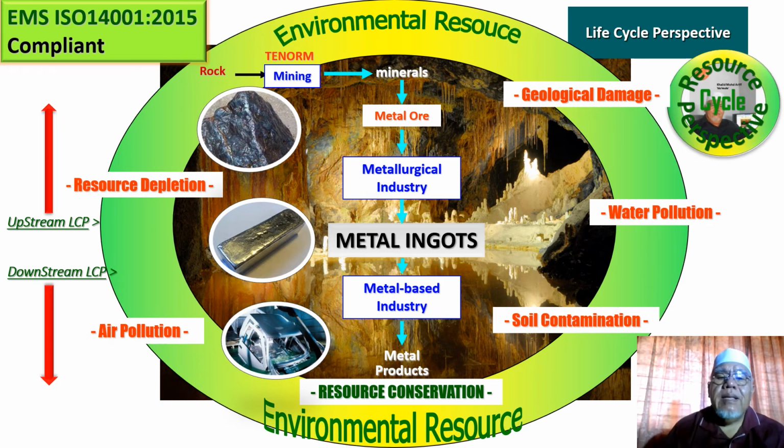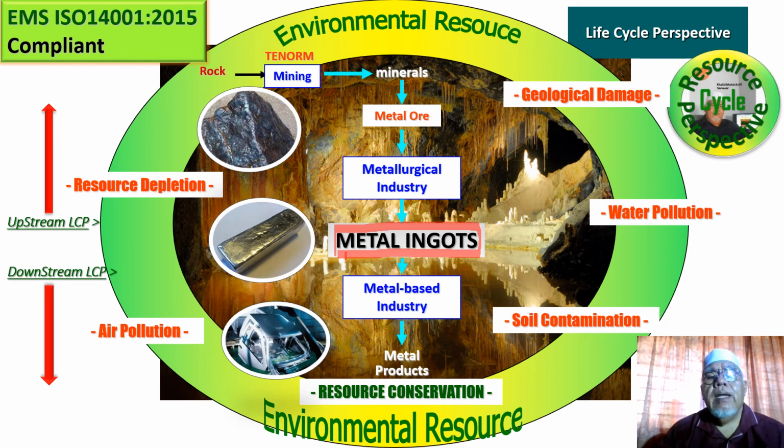Okay, now this is the entire life cycle of one environmental aspect in discussion, which is metal ingots. This is rather upstream. We're not talking about car body over here. We shift to metal ingots to determine what are the impacts to environment when we want to produce metal ingot.